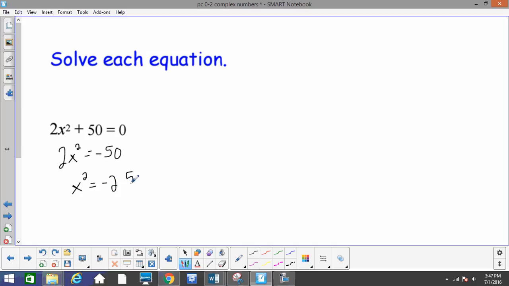Take the square root. Square root of negative 25 is going to be plus or minus 5i. We have to write that plus or minus in front of it because we are dealing with solving and we don't know whether it's positive 5i or negative 5i.